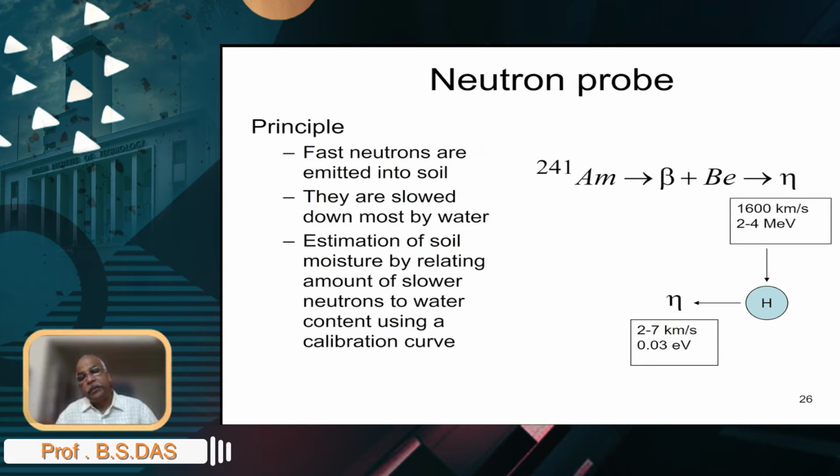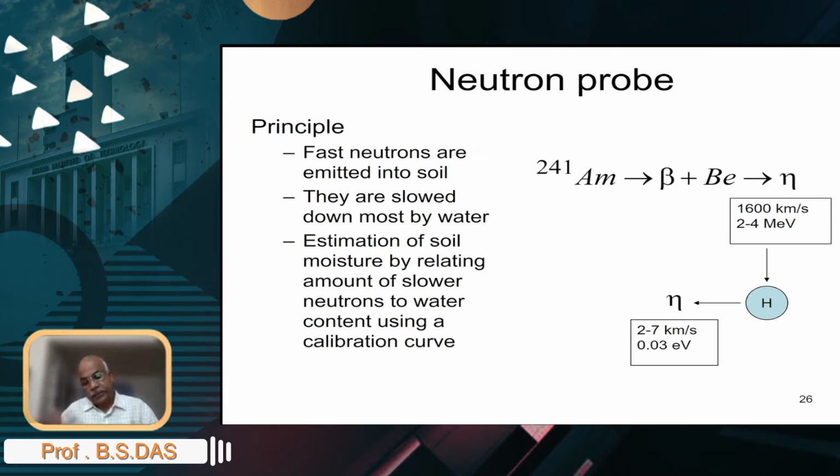So typically the availability of the hydrogen atom comes from the water. The higher the amount of water present, the more hydrogen atoms are available to thermalize, or slow down, these fast neutrons.